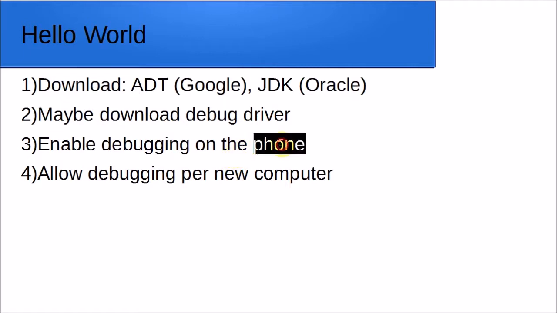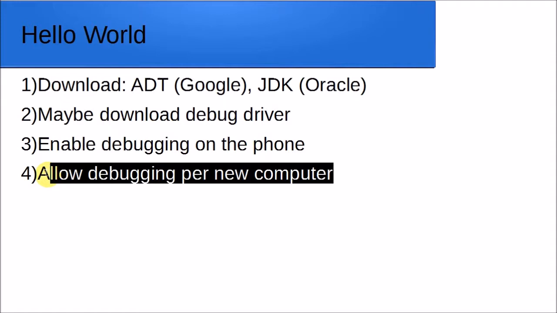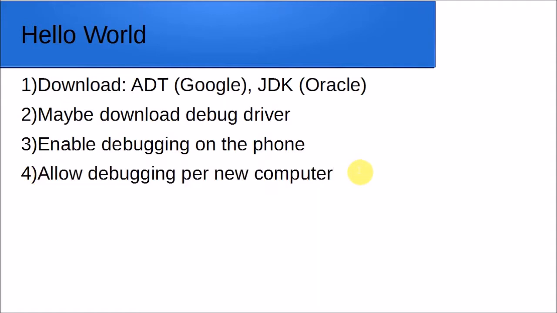Even after your phone has debugging enabled, when you plug your phone into the computer, it's going to show a dialog box on the phone that says a computer is trying to hook up to your phone, will you allow it? And you have to hit OK. So even though the phone debugging is enabled, you still have to give permission for the connection to the computer every time you use a new computer.